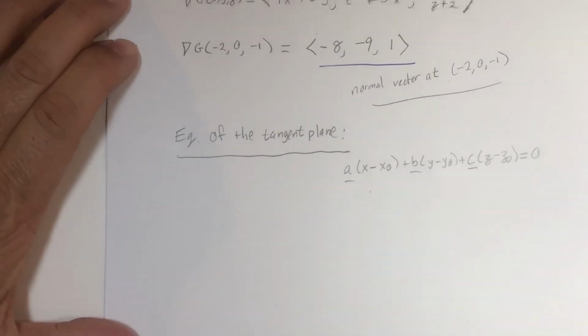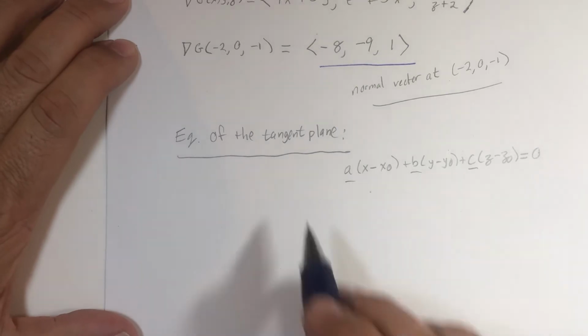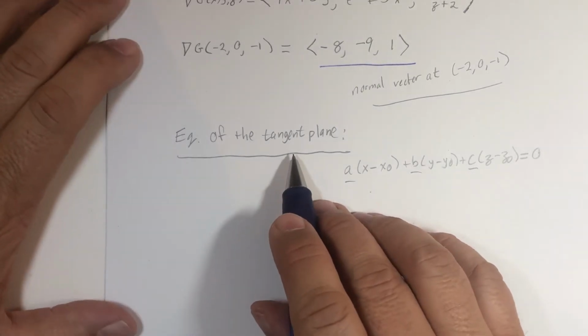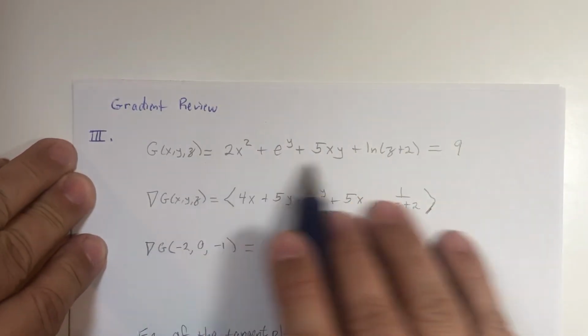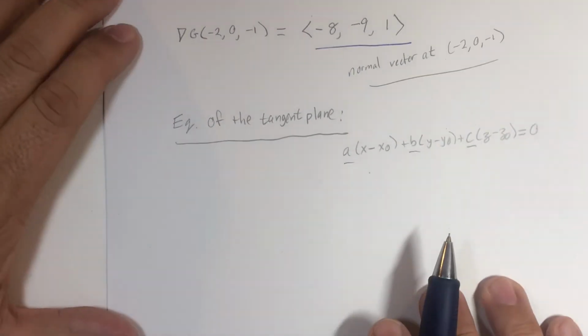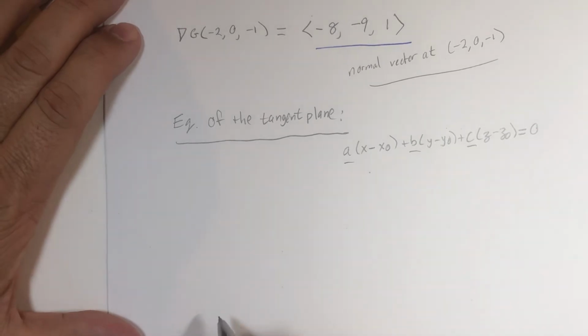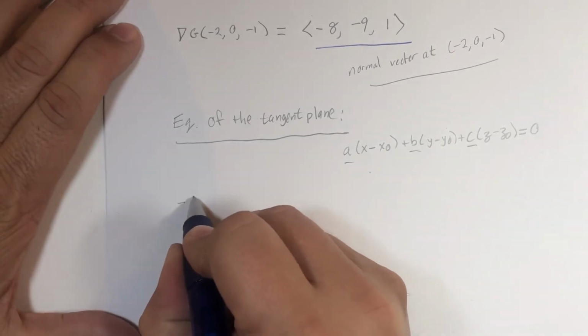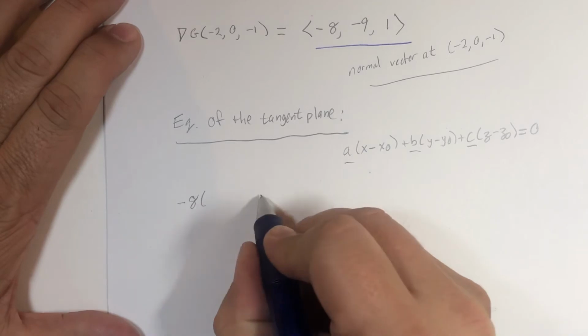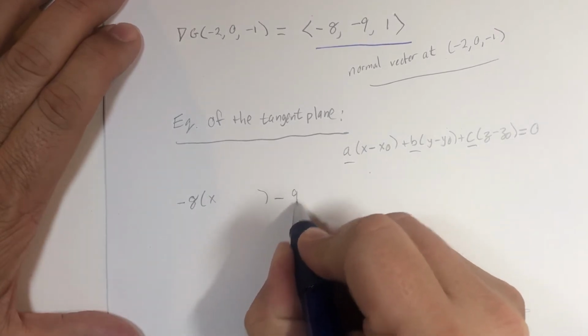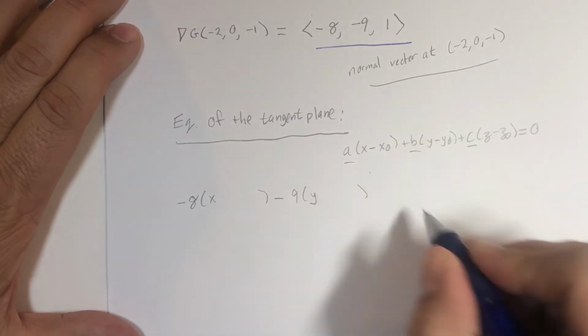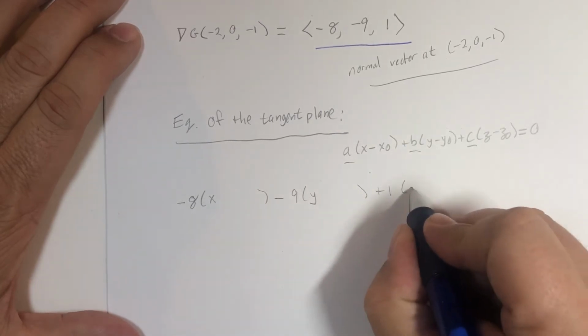So now the plane we're looking at is tangent to this strange 3D surface. Well, we know the vector, -8, -9, and +1.